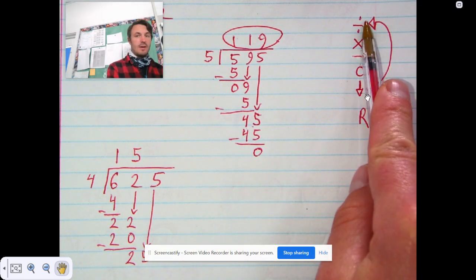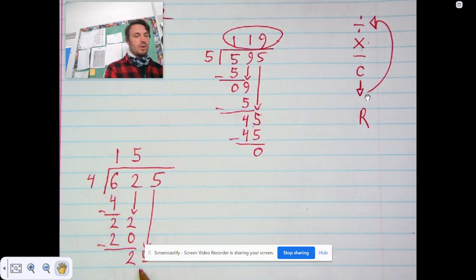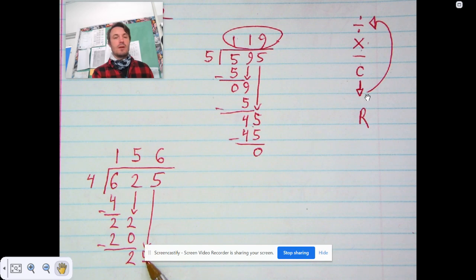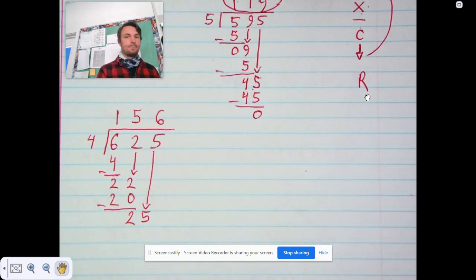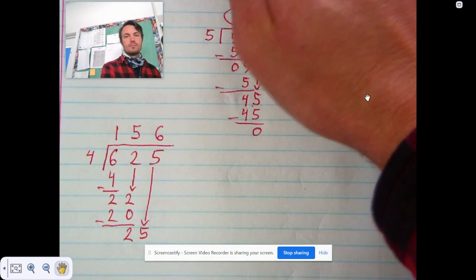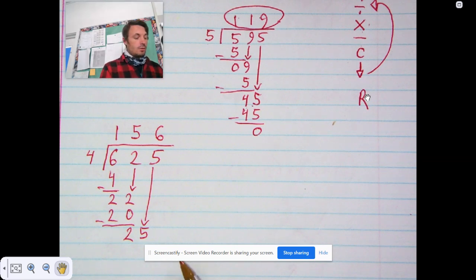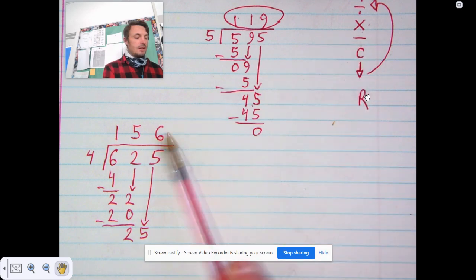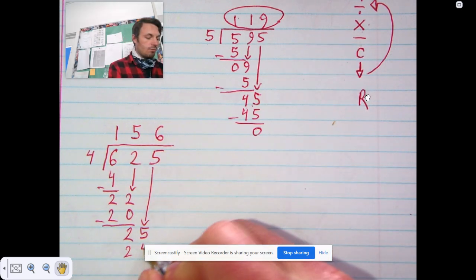Now we go back to divide. Can 4 fit into 25? Yes. How many times? 6 times, because 6 times 4 is 24, which gets us closest to 25 without going over. Okay, 4 can fit into 25 6 times. Now we multiply. 6 times 4 is 24.